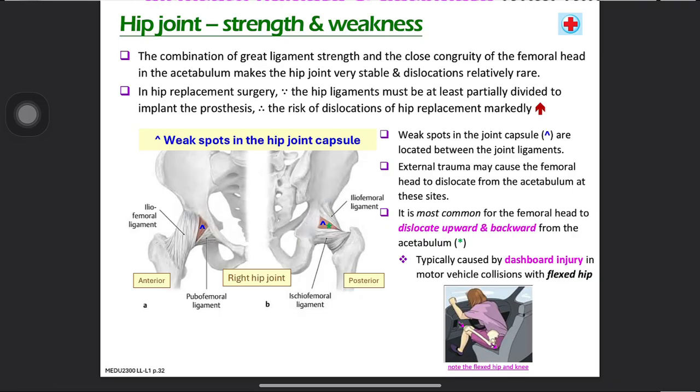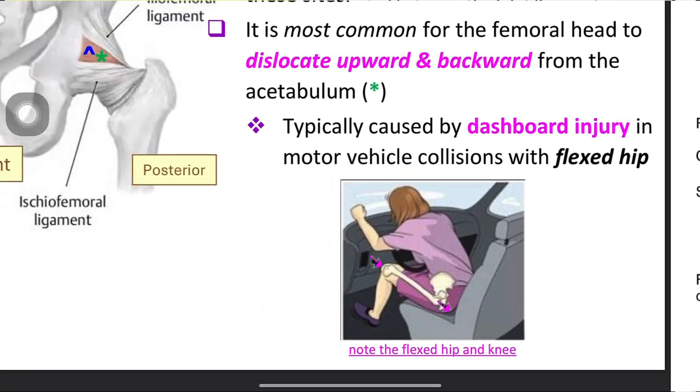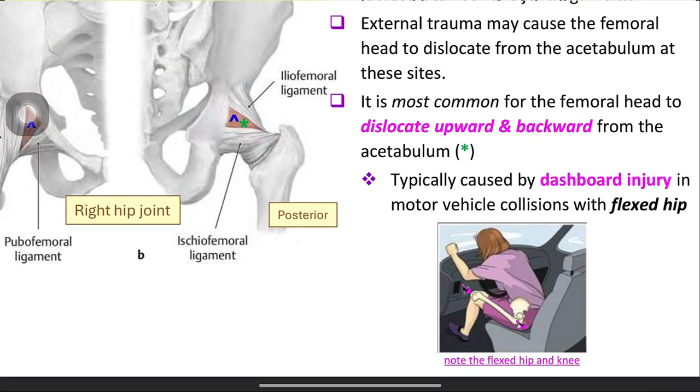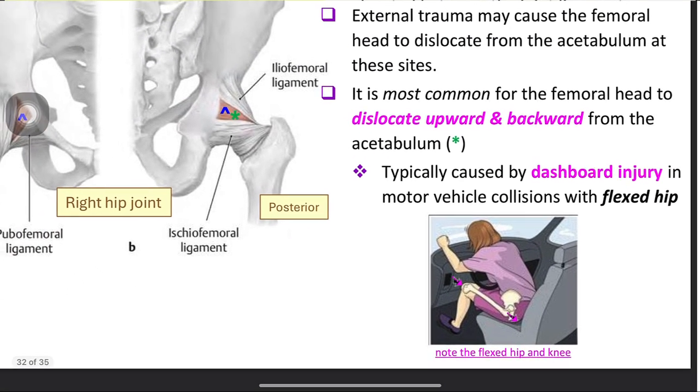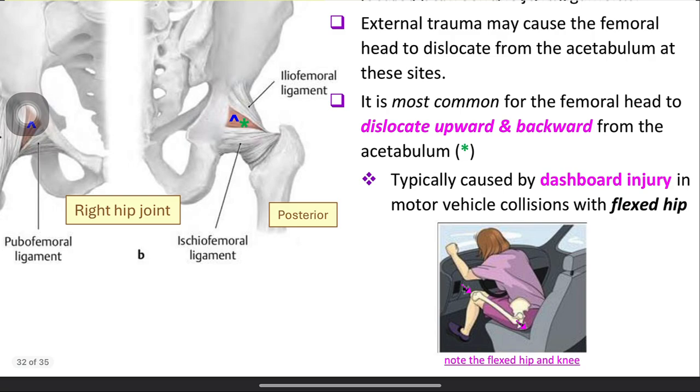So this is why I made a cartoon here for this year, because I think of this dashboard injury. We said that hip joint dislocation is not common. But in dashboard injury, it is quite common. Think about several ways to go. First, the position of the hip joint, because we have a flexed hip when you are driving.